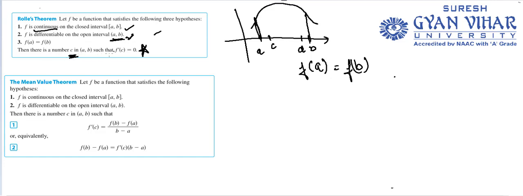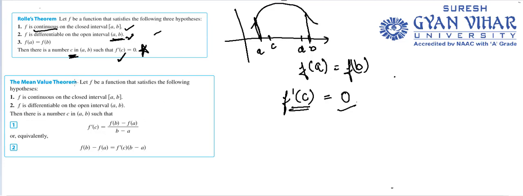There will exist a number c such that f dash c, if you differentiate at c, you will get the answer as 0. So if you differentiate the function at a particular point, you will get the answer as 0. So this is Rolle's theorem, right?